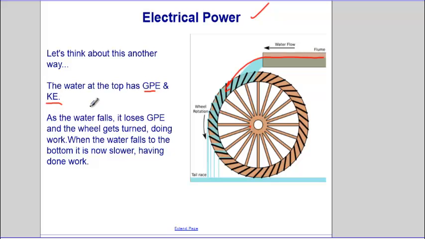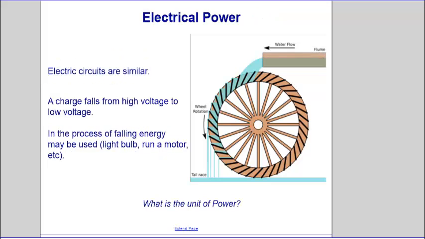It gets transformed into KE. As the water falls, it loses gravitational potential energy. The wheel turns and the water falls, doing work. Electrical circuits are similar. As charge falls from a high potential to a low potential, energy is transformed, and we can use this to run a light bulb, a motor, and so on.